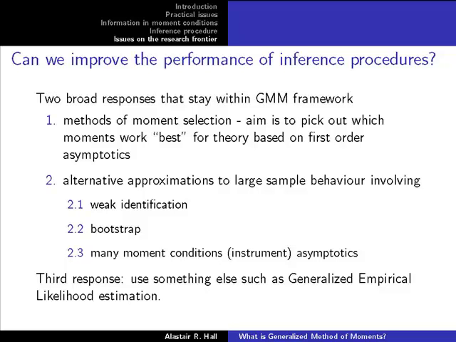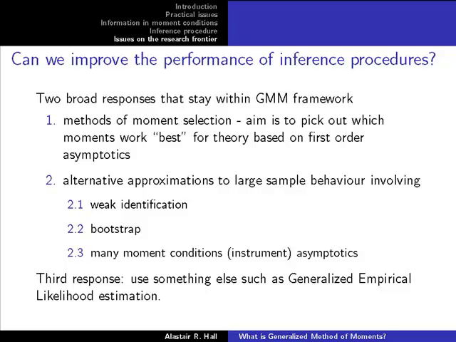Okay. The last response is to step out of the GMM framework and to say that the problems that these studies have encountered have something to do with the structure of a GMM estimation, and have led people to think about alternative ways in which they can exploit the information in moment conditions for the estimation of parameters. The class of estimators that have been looked at a lot now in econometrics is the so-called generalized empirical likelihood estimators.